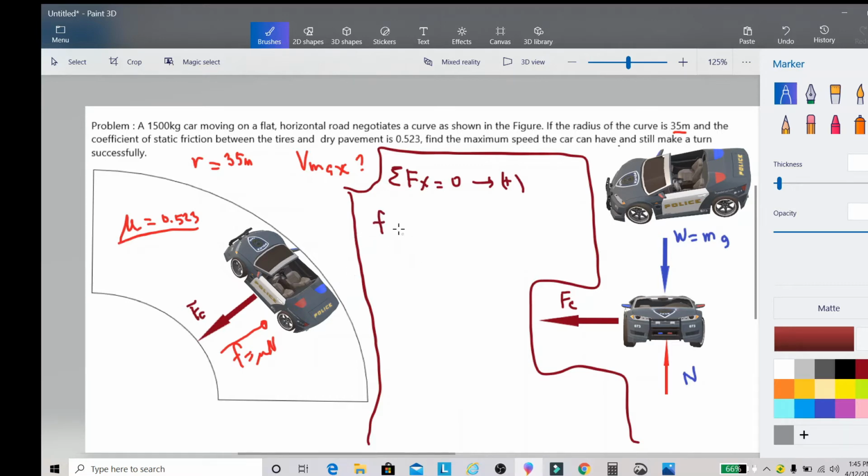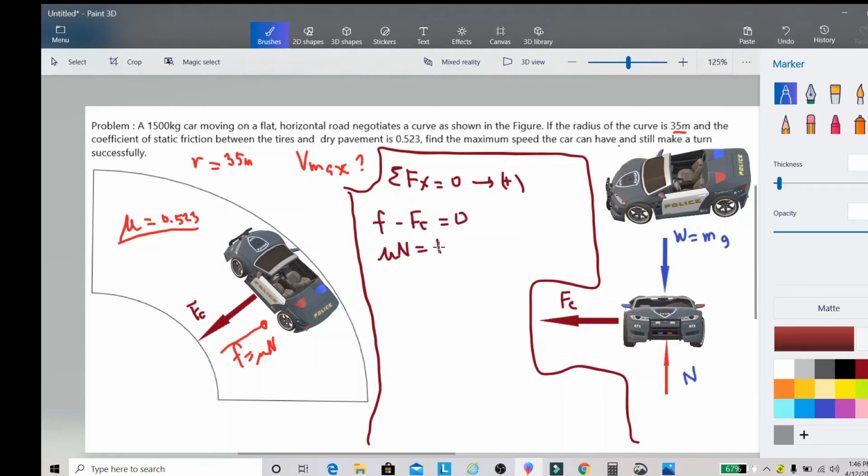The frictional force minus the centripetal force, and that will be equal to 0. But what is the frictional force? That is mu multiplied by N, and we transpose this to the other side of the equation, it becomes positive F sub C.